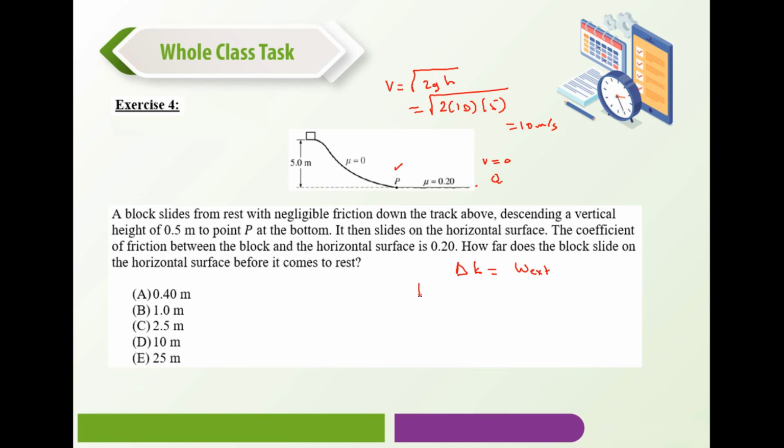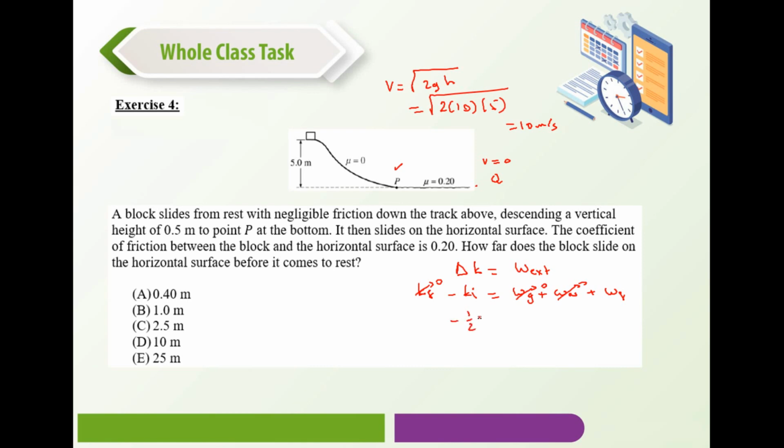We're talking about the final kinetic energy, which is 0, minus the initial kinetic energy, which is accessible because we know the speed, which is equal to the work done by the different forces acting on the block: the pull of gravity, the normal push, and friction. Eventually gravity and normal work are 0 because they are perpendicular to the displacement, which is horizontal.